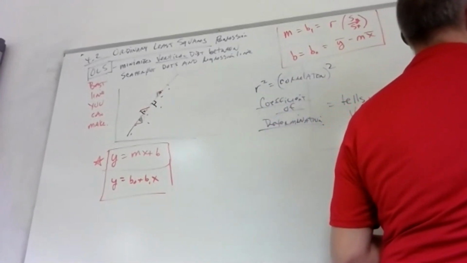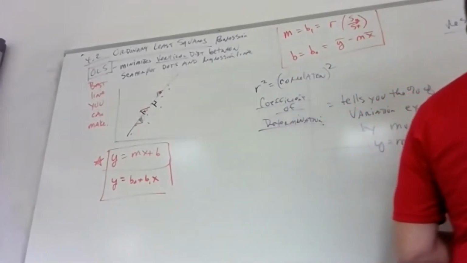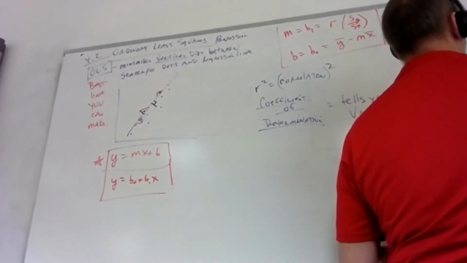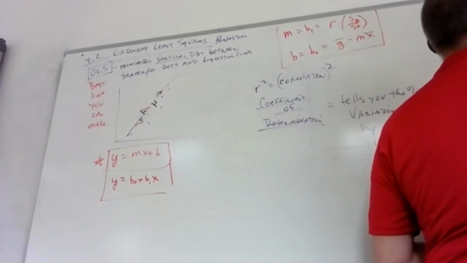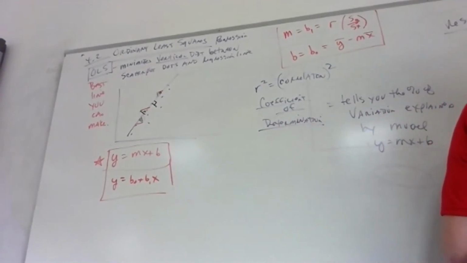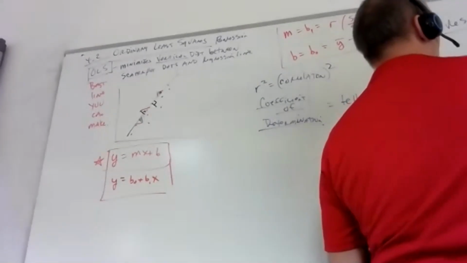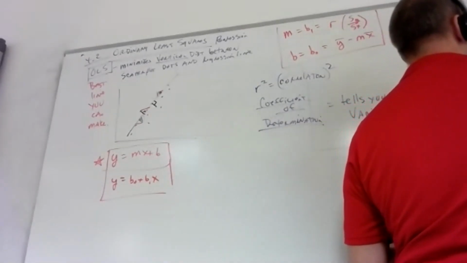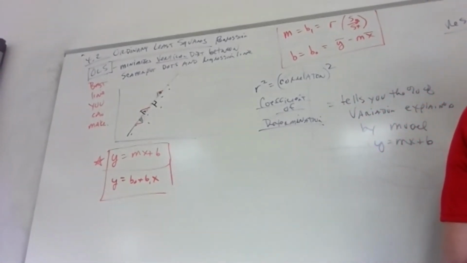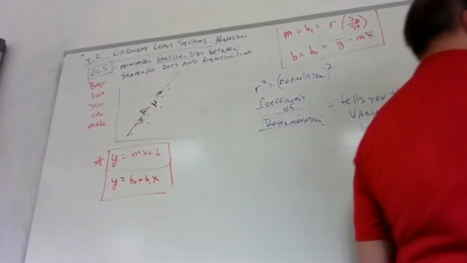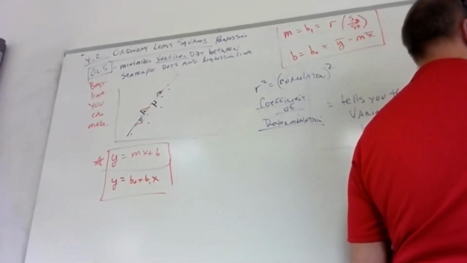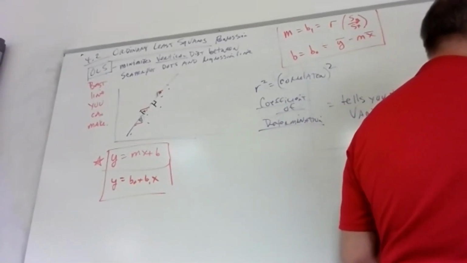Residual plot. We hope for a null plot because it means there is random error. Now there's a problem if you see some sort of a pattern. One of the common ones is what we call the megaphone. So you see something that looks like this.